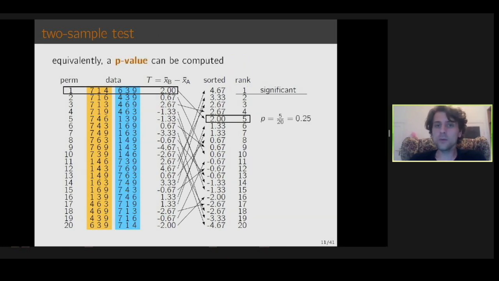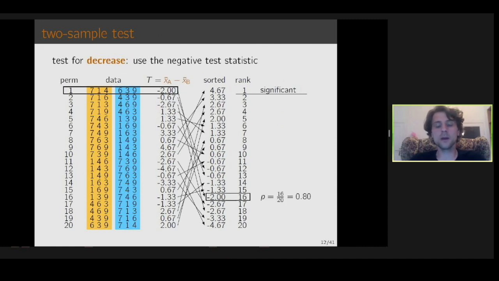Equivalently, a p-value can be computed, which just happens by dividing the rank of the test statistic computed from the original data by the number of total permutations, which in this case would be 0.25, far from being statistically significant.